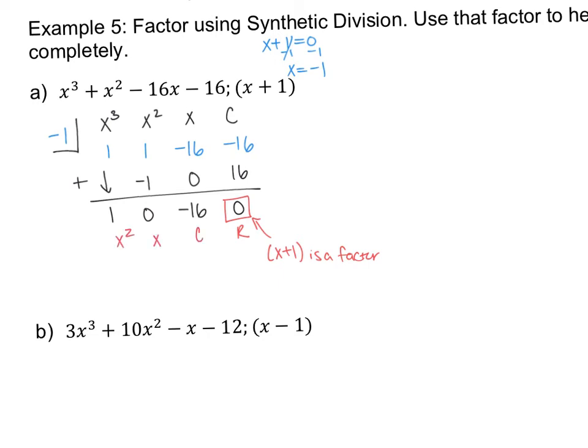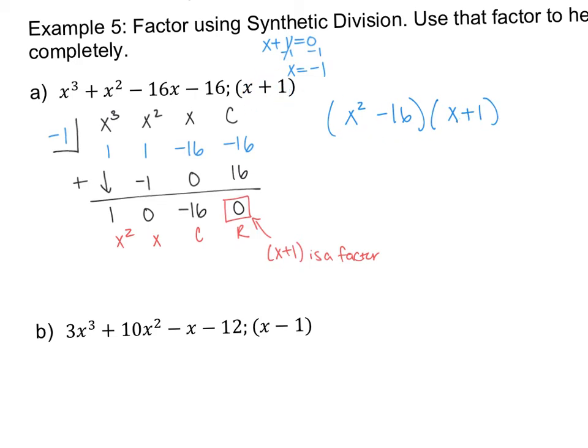So I can see that my factors are going to be x squared, 1x squared. This here is a 0, so I know I don't have x to the first. And then I have a minus 16 as the constant. And I know that x plus 1 is going to be a factor because my remainder is 0. So this is a factor, so I'm going to use that.